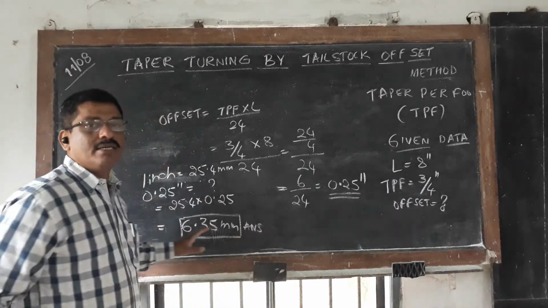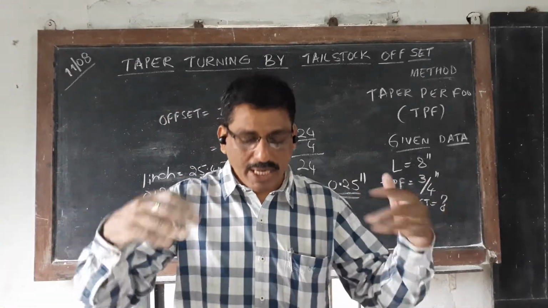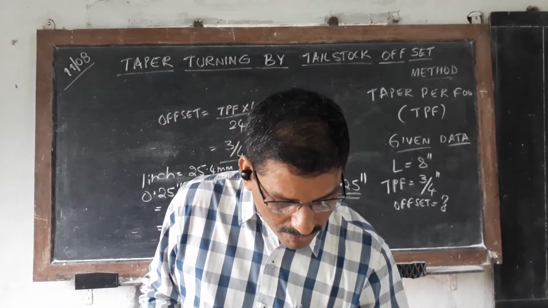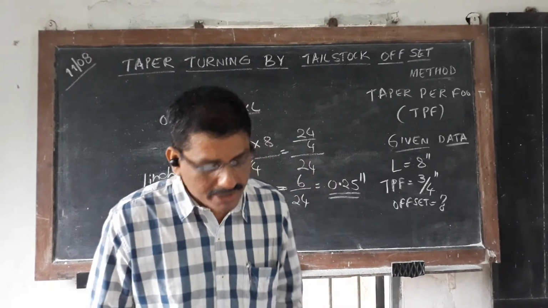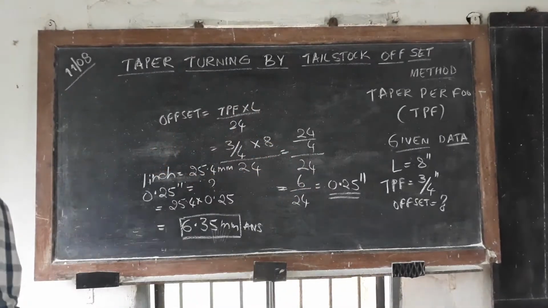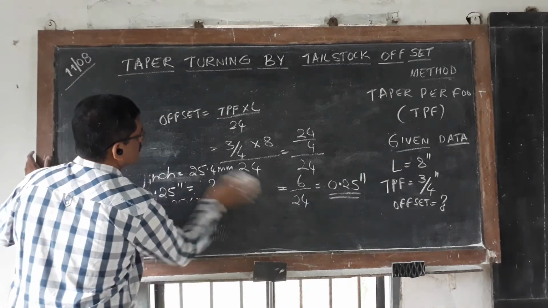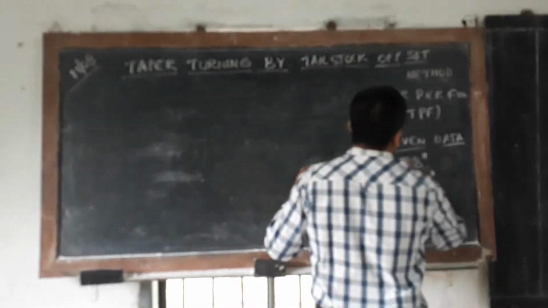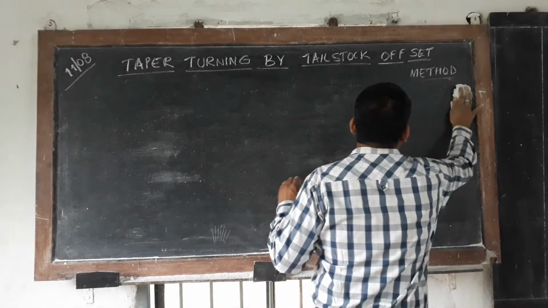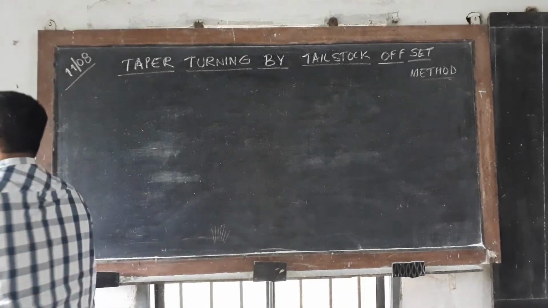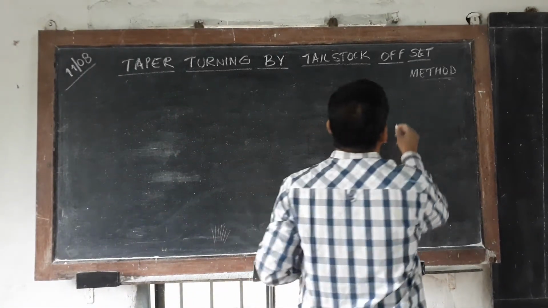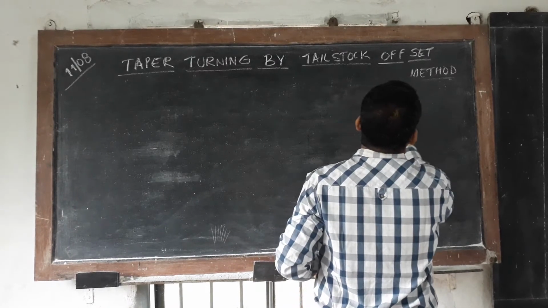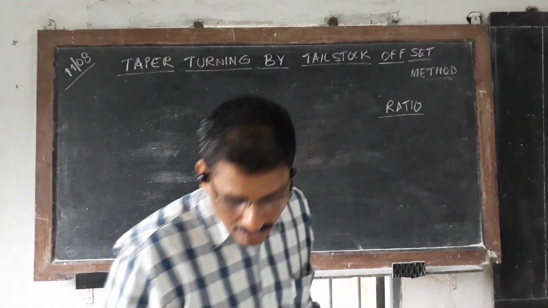This example is there in your book, so you can directly copy. Now one more I will do, that's enough, as there is not much time. So one more, if it is given in ratio.